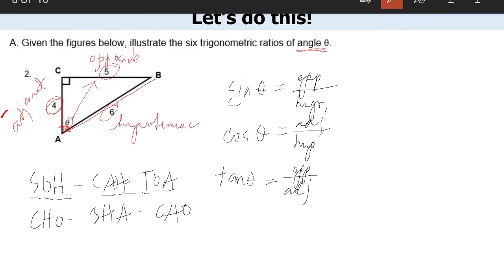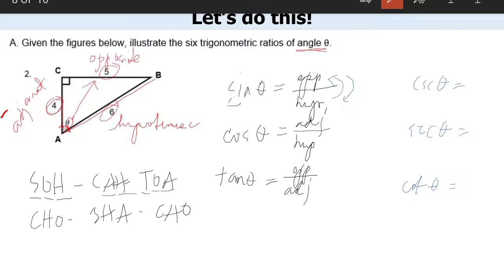By the way, we ran out of space because of my pen. So, let's write the reciprocals. We have here the cosecant theta, secant theta, and then cotangent theta. So, we will just interchange the numerator and the denominator again. So, this will become the numerator and this will be the denominator.